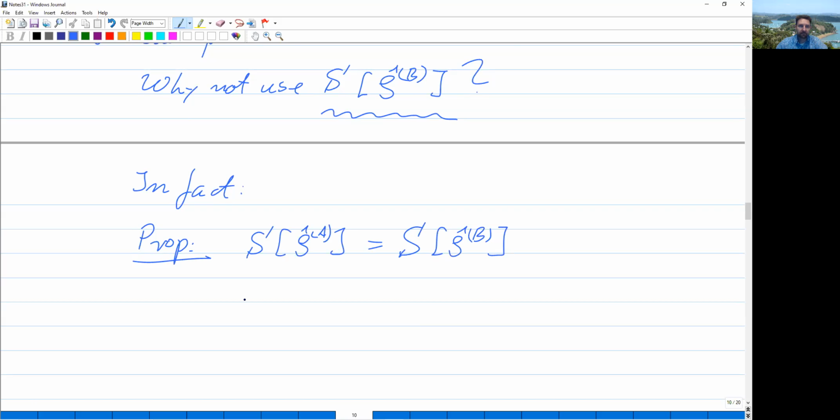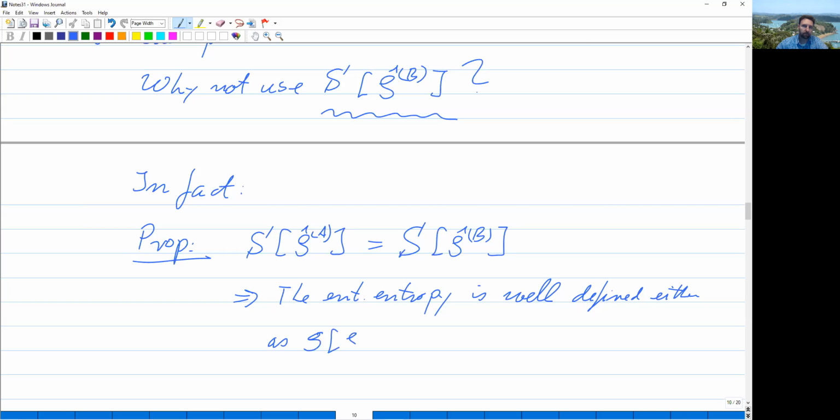Now, that means, therefore, the entanglement entropy is well defined, and by that we mean unique, either as S of rho hat A, or S of rho hat B. It doesn't matter because it's the same number.